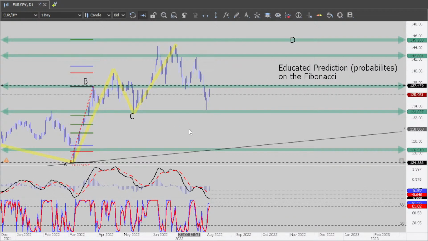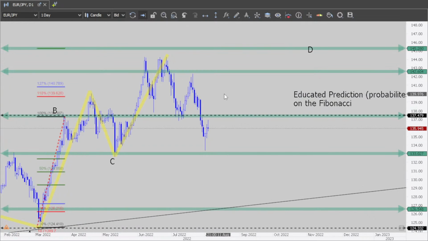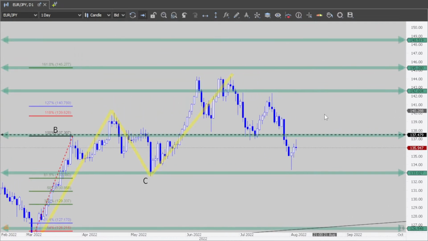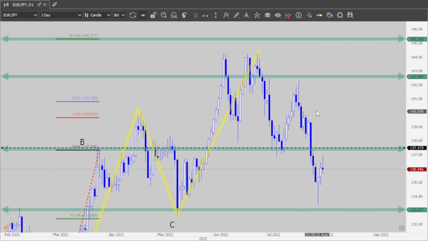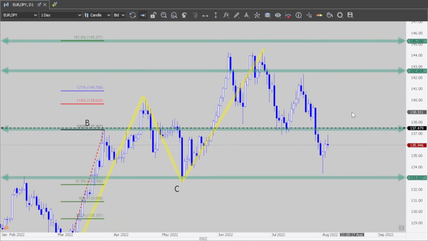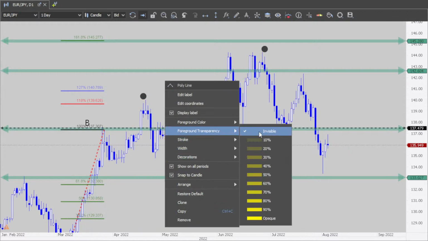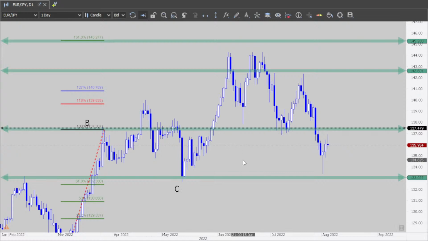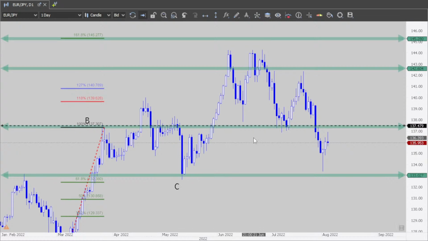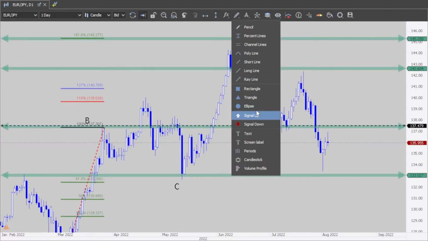Now let's talk about the contrarian one, right? We're going to zoom in, everybody. Let's make the transparency invisible. There you go. Okay, so where should we start our contrarian?